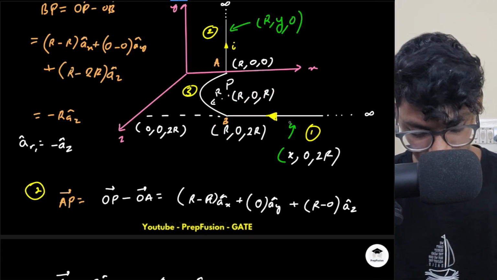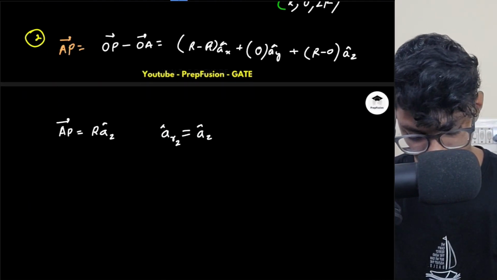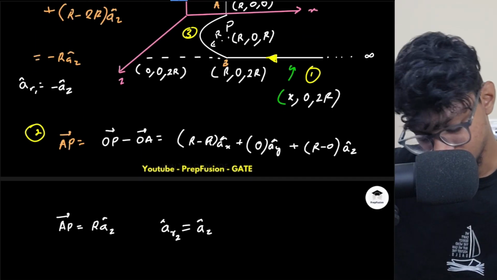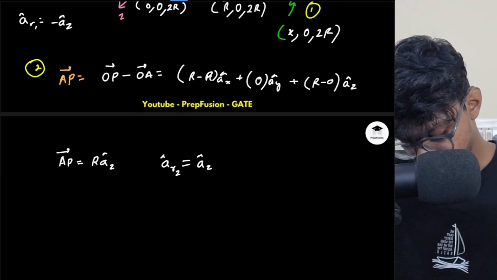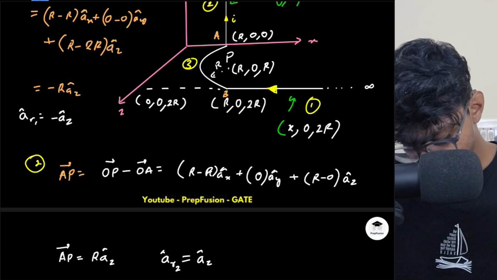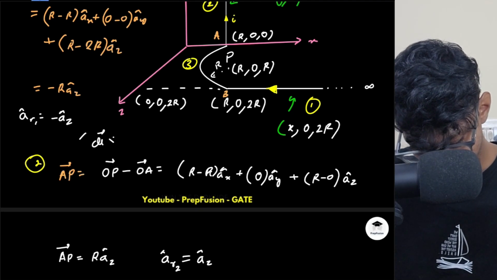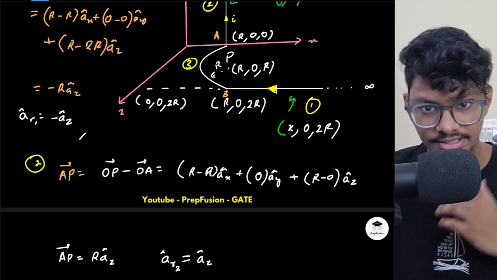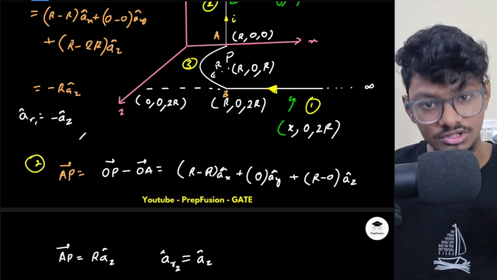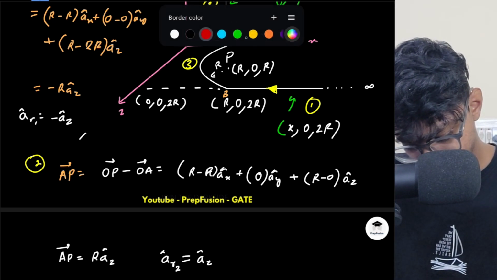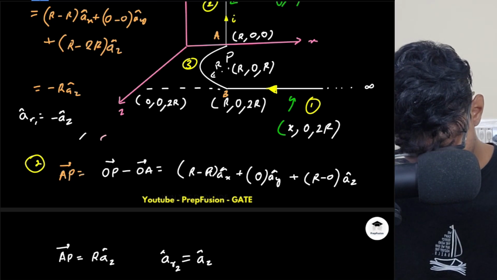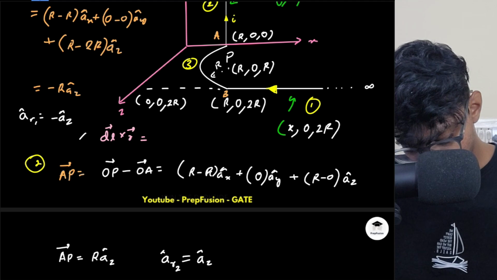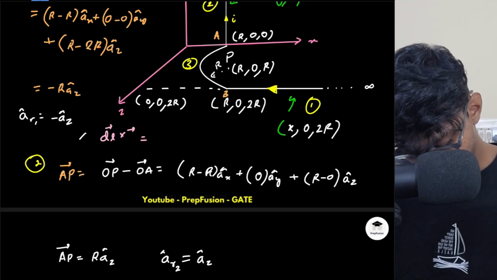So if you do dl cross r, I will do dl cross r for each of these. So here for the section 1 and 2, dl cross r cap will give me the direction. I can directly say as well with the hands, but I will cross verify this. So dl cross r. What direction am I getting? This should be AR1.